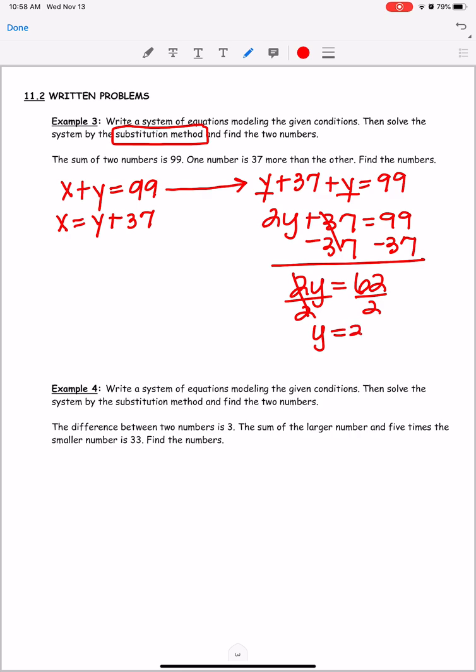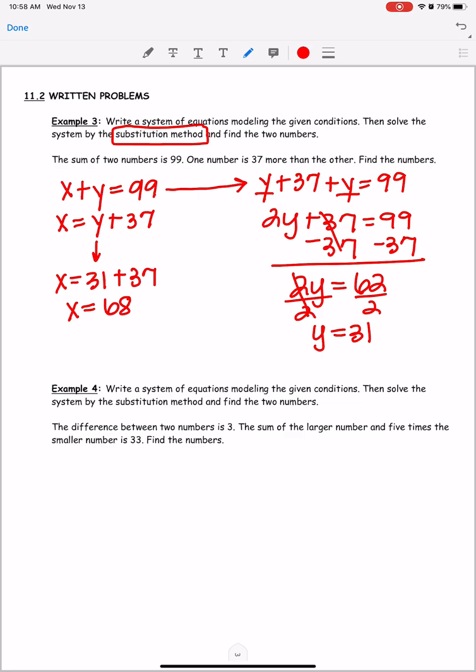And my y equals 31. So now that I have y is 31, we're going to plug that in. So in place of this y, we now have x equals 31 plus 37. So my x equals 68.